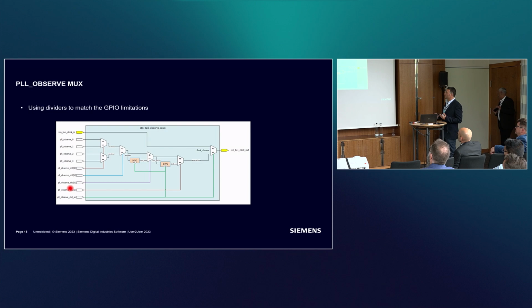So in order not to add a divider for each one of them, we decided to add the divider internally. Then, if we want, we can lower the frequency to be observed on the GPIOs.